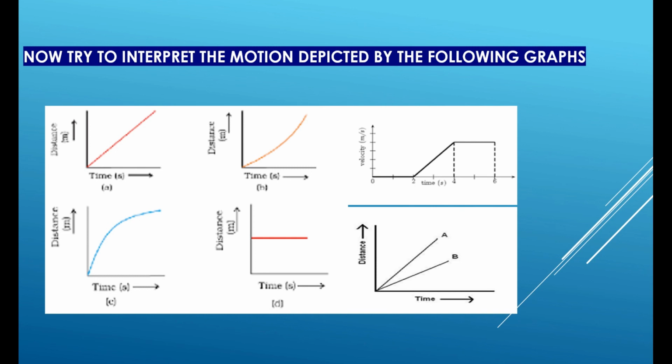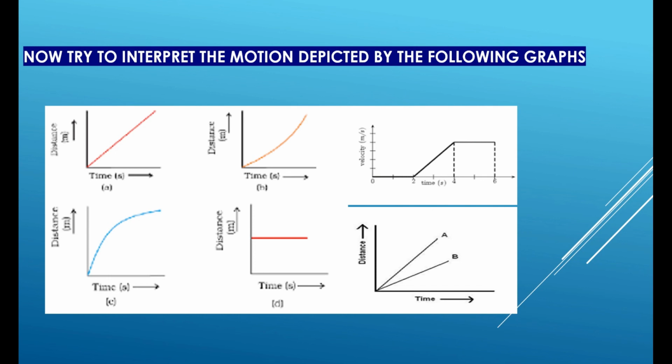That means the velocity is constant at this time. So if velocity is constant, the object is in uniform motion. So this first part is at rest, then it is uniformly accelerated, then it is in uniform motion. It's moving at a constant speed.